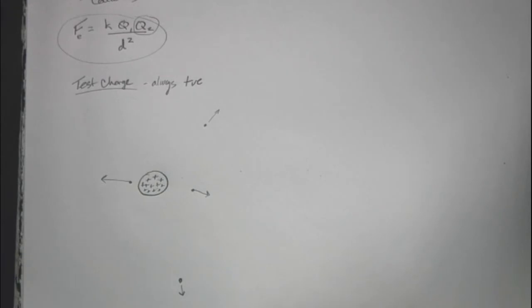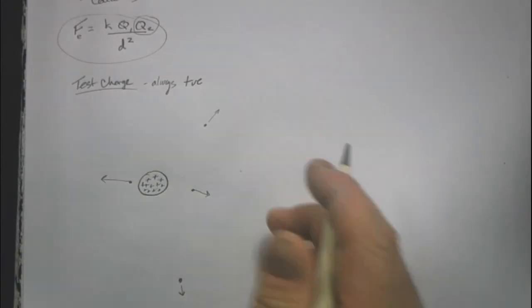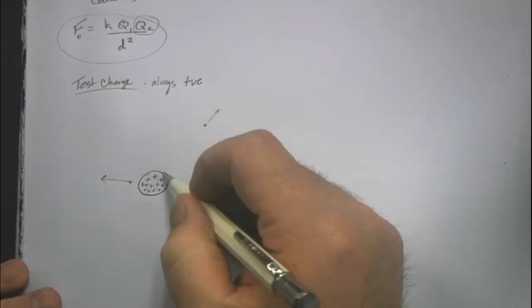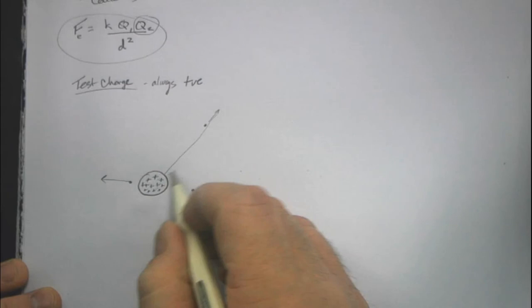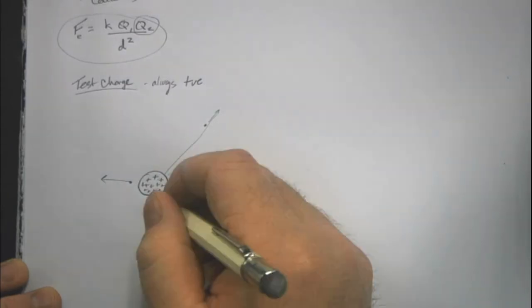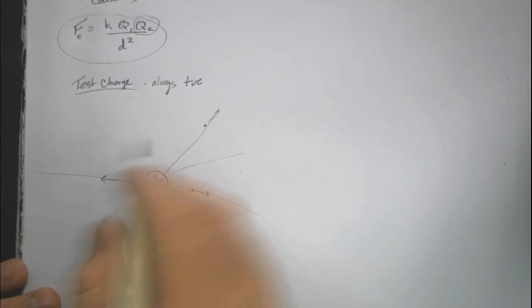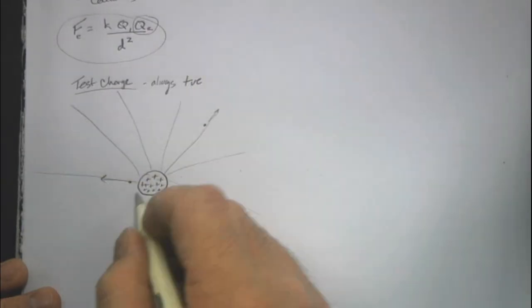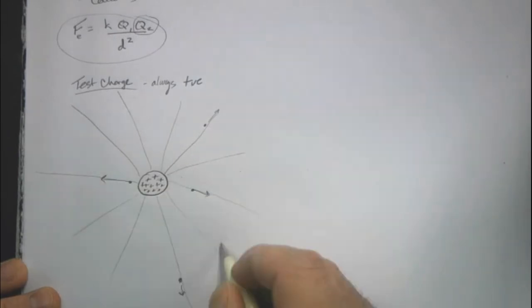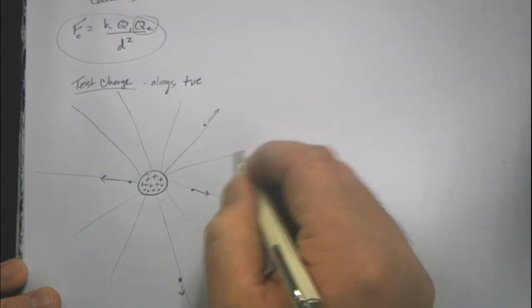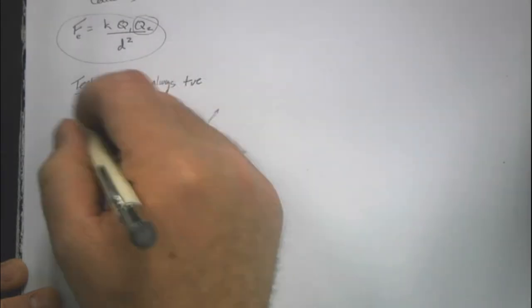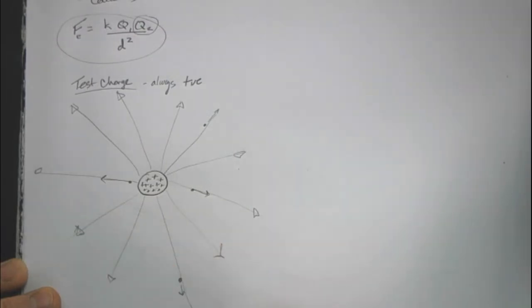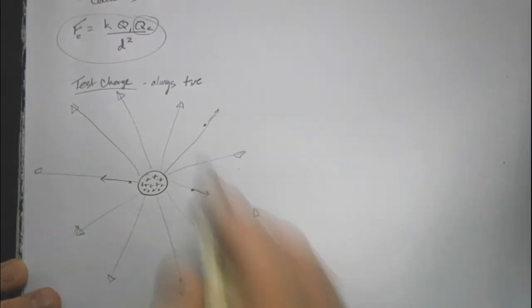So imagine that you keep doing this over and over again. What happens is you start getting these lines coming out from our central charge.